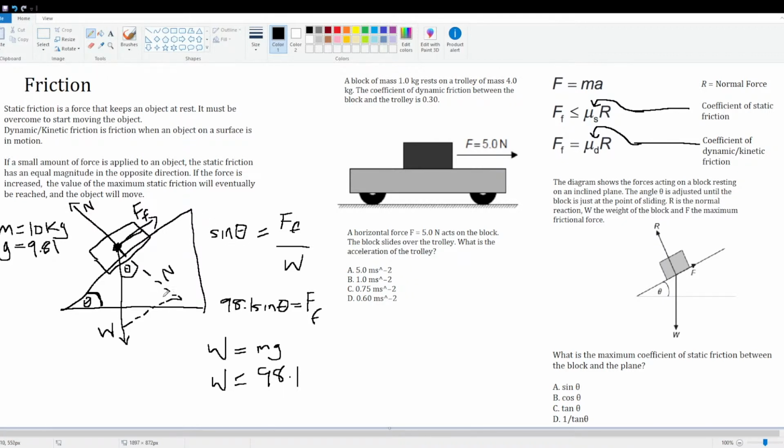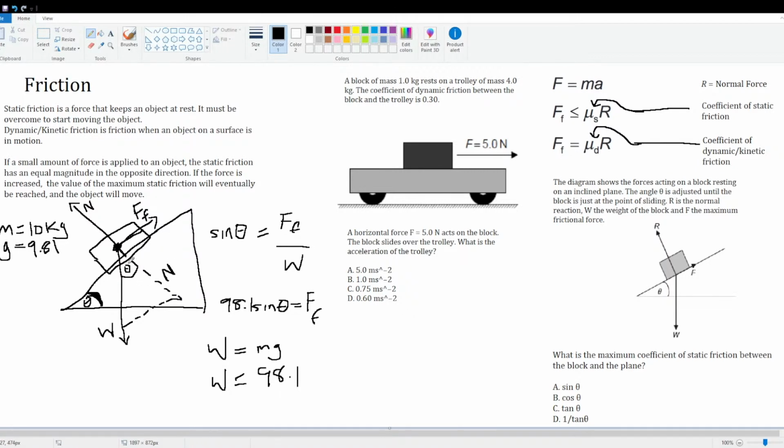So we could also do this for finding the normal force, because normally you'd think, all right, well, the normal force is equal, right, to the weight force. Well, not in this case, because there's an angle of incline here, so it's actually going to be different. So what we'd have to do is find this. Well, let's say N is the adjacent side of the triangle, right?